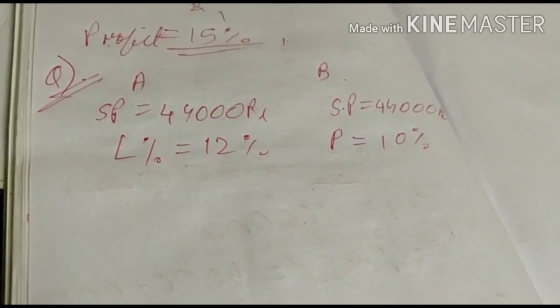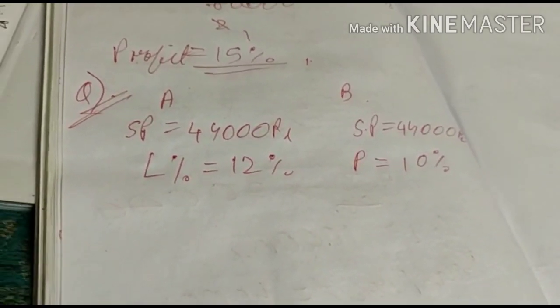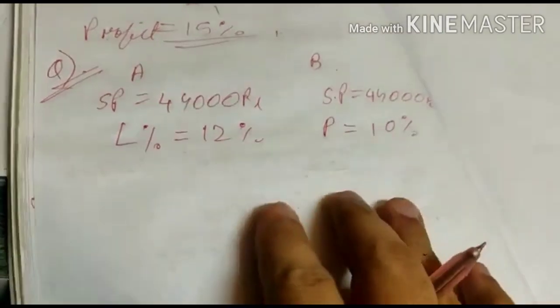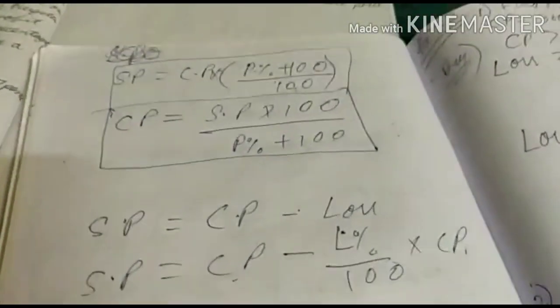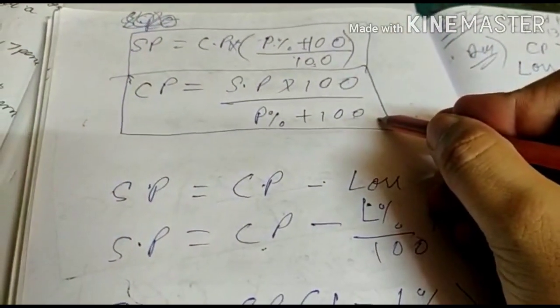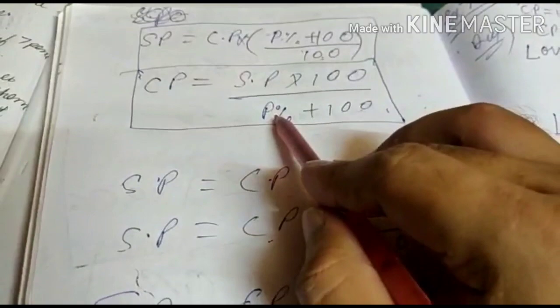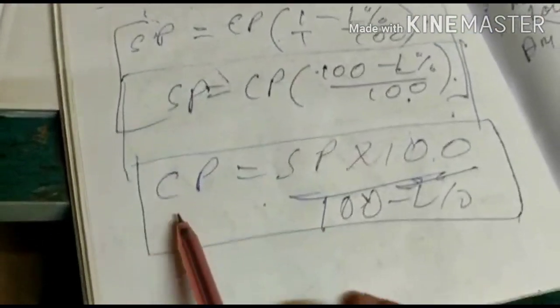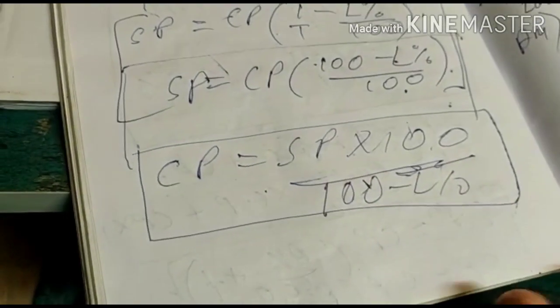For finding overall gain or loss percent, we should know its CP. And for finding the CP, previously I had told you a few formulas. So what were those formulas? Like these. If we are finding CP, there is one formula for profit percent and another for loss percent.